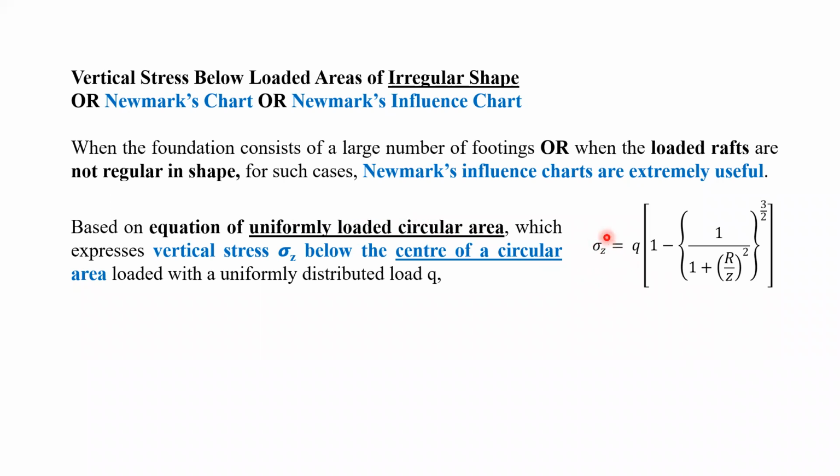You can see this is the formula: sigma z is equal to q into 1 minus 1 by 1 plus r by z whole square to the power 3 by 2, right? r is the radial distance and z is the depth at which you want to find out the vertical stress. q is the uniformly distributed load, which may be in any unit, kilonewton per meter square or ton per meter square, whatever it may be. So Newmark used this formula to prepare the influence chart.